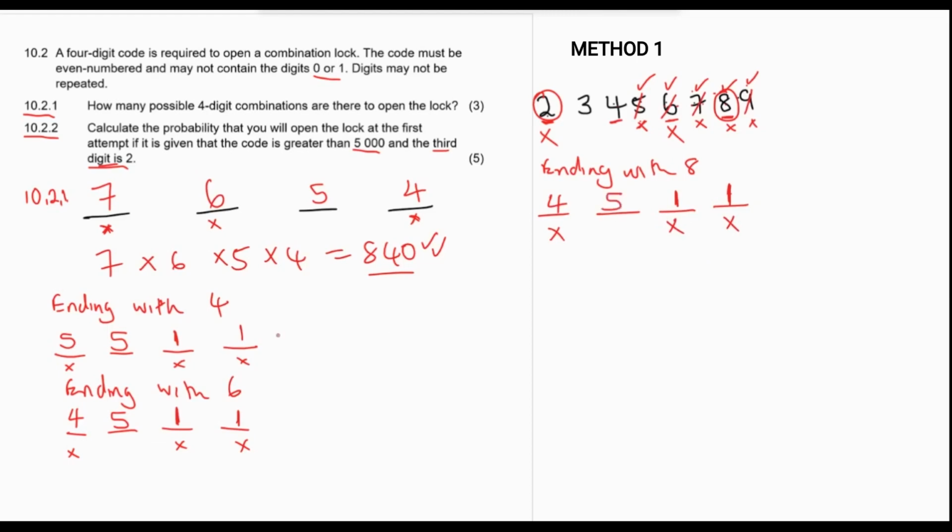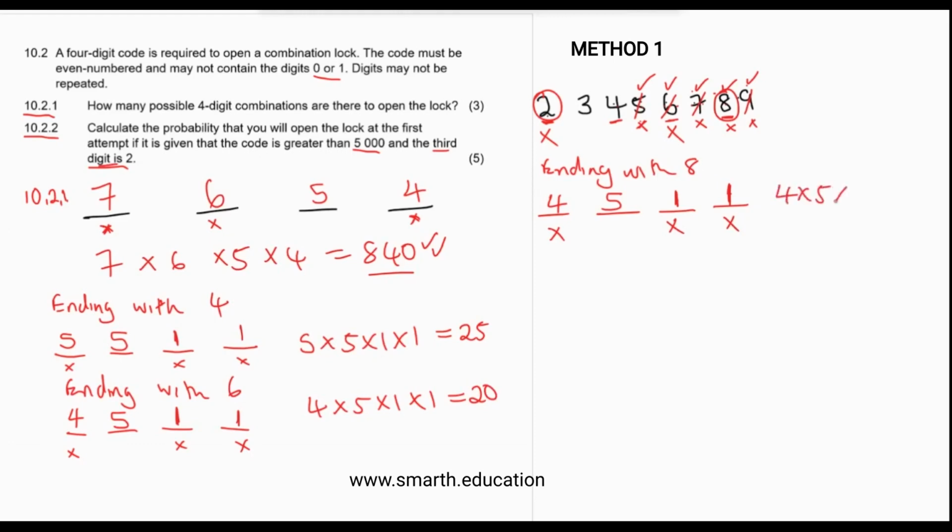So now we have this combination here ending with 4. How many different combinations can you have? 5 times 5 times 1 times 1, which is equal to 25. And then here we have 4 times 5 times 1 times 1, which is 20. And then here we have 4 times 5 times 1 times 1, which is equal to 20.